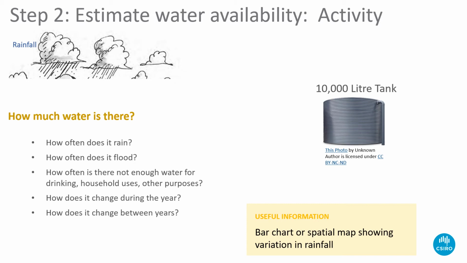These types of questions and discussions can be facilitated by using things such as bar charts or graphs that show the amount of rainfall available, such as that shown in one of the earlier slides. But this isn't essential if the information isn't available. When discussing how much water there is, we can refer to objects that the community members are likely to be familiar with, such as the rainwater tank shown here.